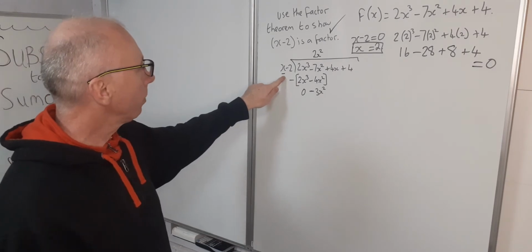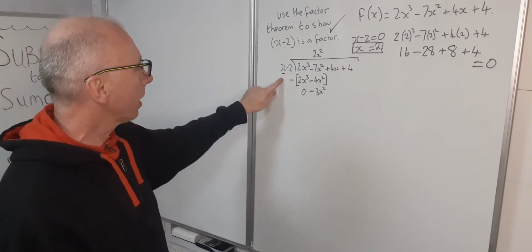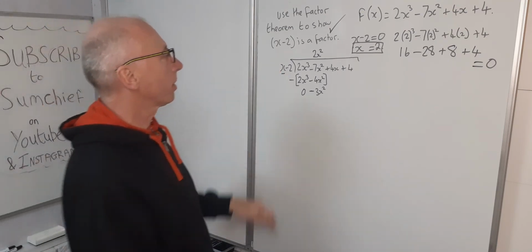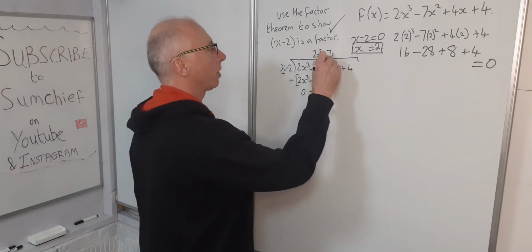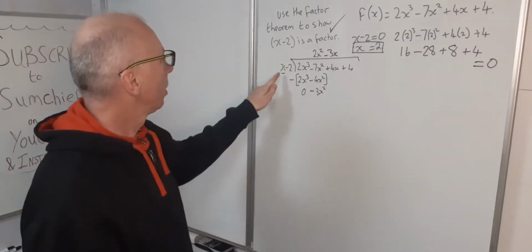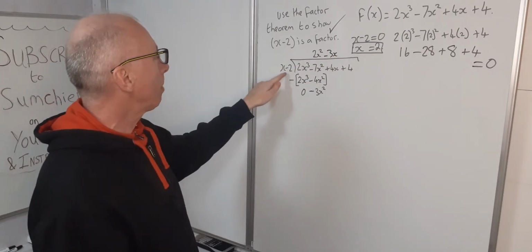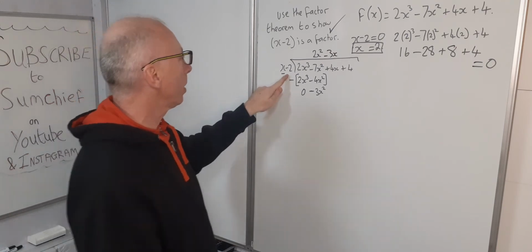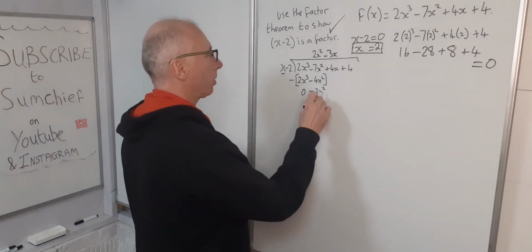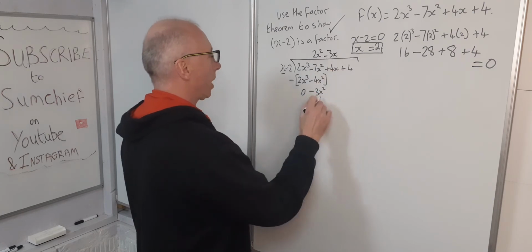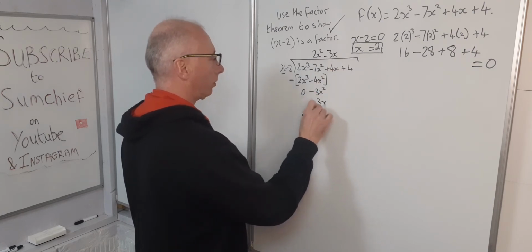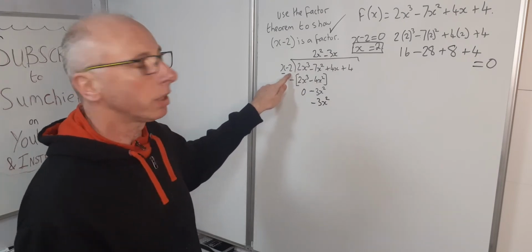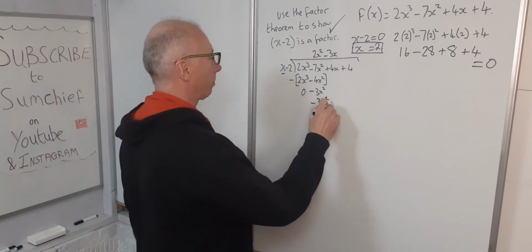So how are we going to get to minus 3x squared from x? We need to multiply this by minus 3x. So minus 3x. Now same again, push that back through to this whole term here. So minus 3x times x minus 2. That will give us minus 3x squared. And minus 3x times the minus 2, that will give us plus 6x.